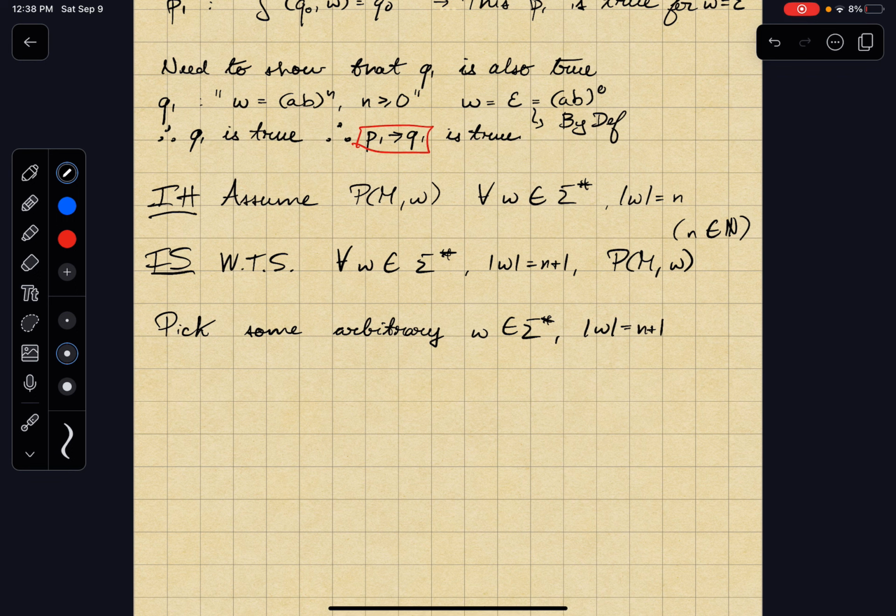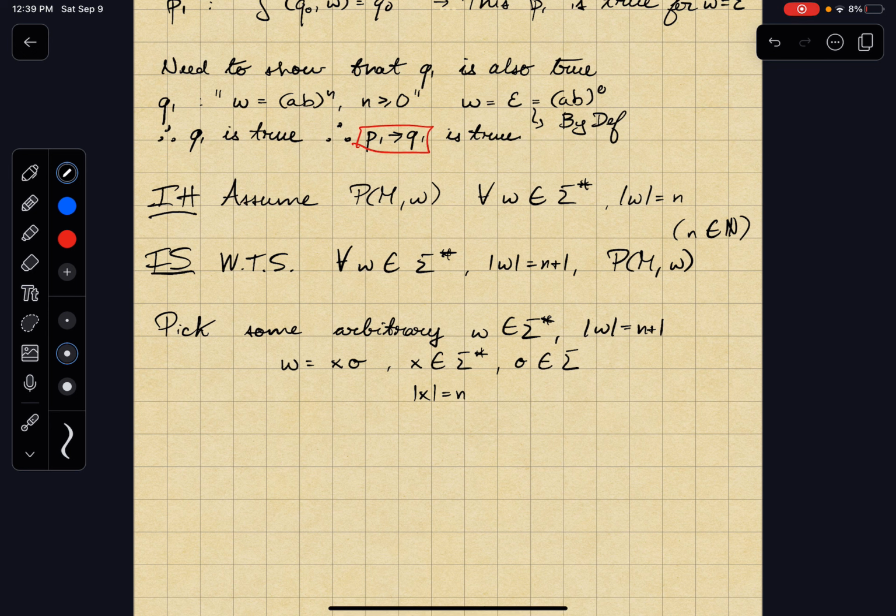And so that means that W can be written as x sigma, where x is some string in sigma star, where the length of x is n, and sigma is some letter of the alphabet. And of course, the length of a string with a single symbol is 1, so the length of W still remains n plus 1.